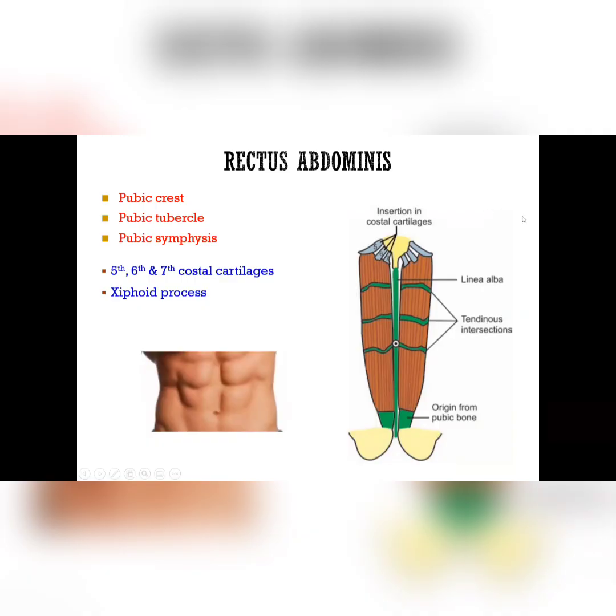The tendinous intersections are present so that the rectus abdominis will have shorter segments, which will increase the power of action of the muscle. You can imagine if the intersections are absent, the rectus abdominis will be hanging like a curtain from the origin to insertion. Because of these intersections, there is more strength to the shorter segments of the muscle.